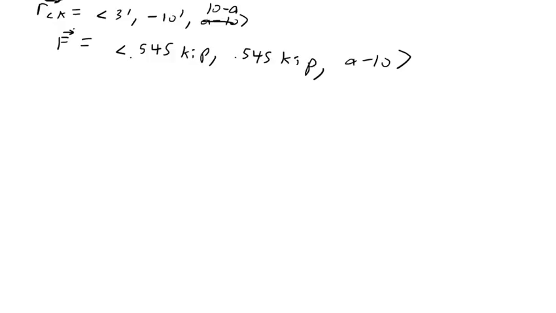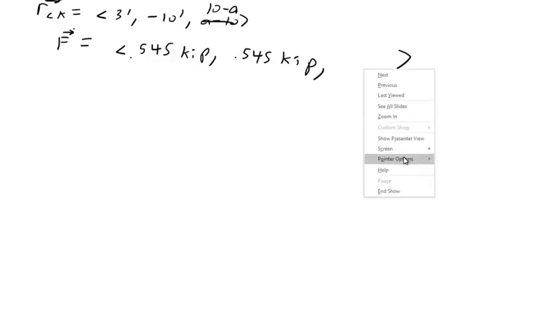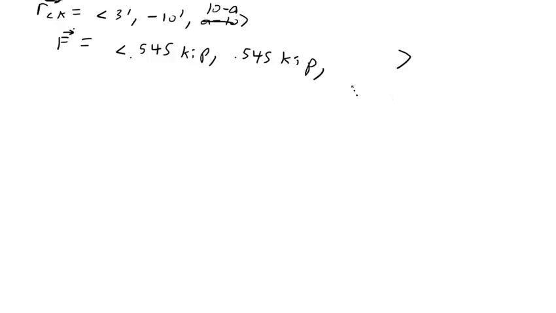It helps if we have negative 0.636, yes. Negative 0.636 kips. Here. And so now we need to take the cross product.